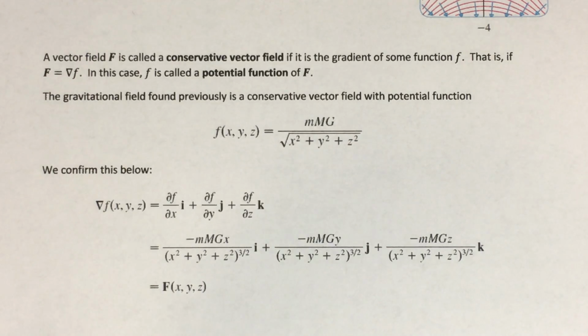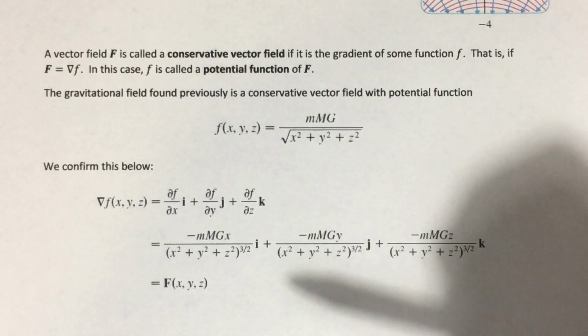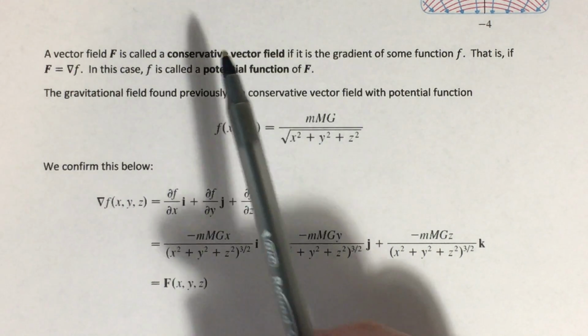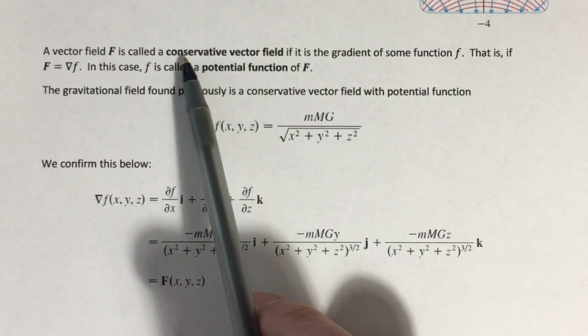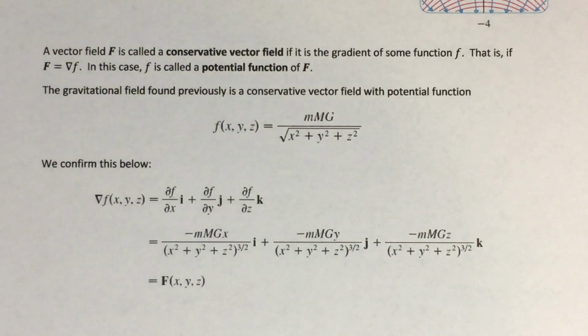However, many of the ones that are have very natural and useful interpretations in physics. So down here we're going to show that the gravitational force field that we talked about previously is a conservative vector field. And as we're going to see once we get into some work with line integrals, you can do some useful things with conservative vector fields that you can't do with other types.